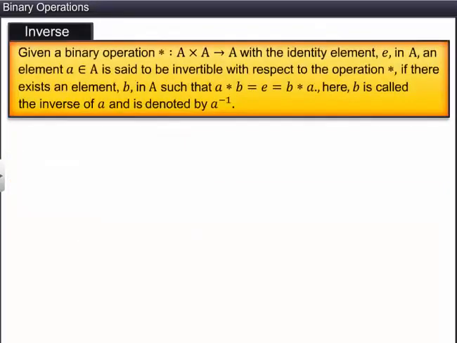Given a binary operation star on A with the identity element e in A, an element a belonging to set A is said to be invertible with respect to the operation star if there exists an element b in A such that a star b is equal to b star a is equal to e, where b is called the inverse of a and is denoted by a raised to the power of -1.